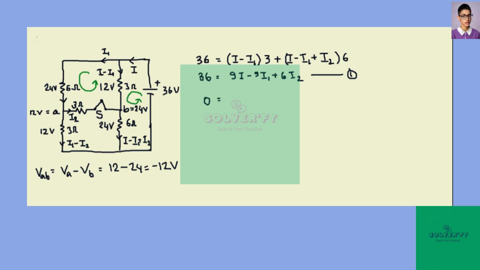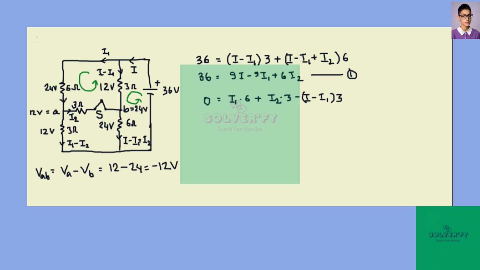Now on the right hand side, I1 is the one that flows along the 6 ohm, so I1 times 6. Now along the 3 ohm, that is I2, so I2 times 3, and there is another 3 ohm and the current is opposite to the loop, so minus (I minus I1) times 3, right?